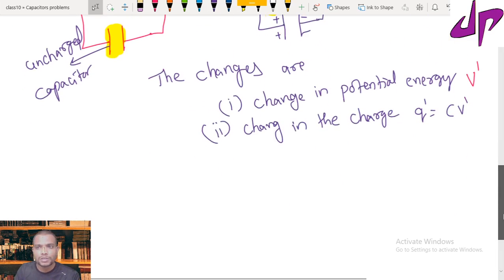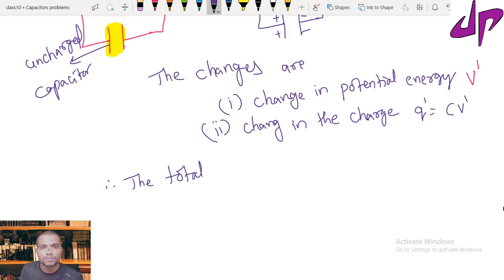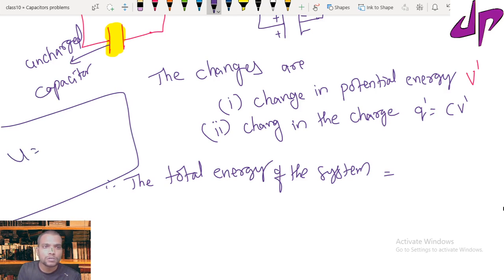Now to find the total energy of the system, here the energy means potential energy only. The total energy of the system, using the potential energy formula U equals half QV.